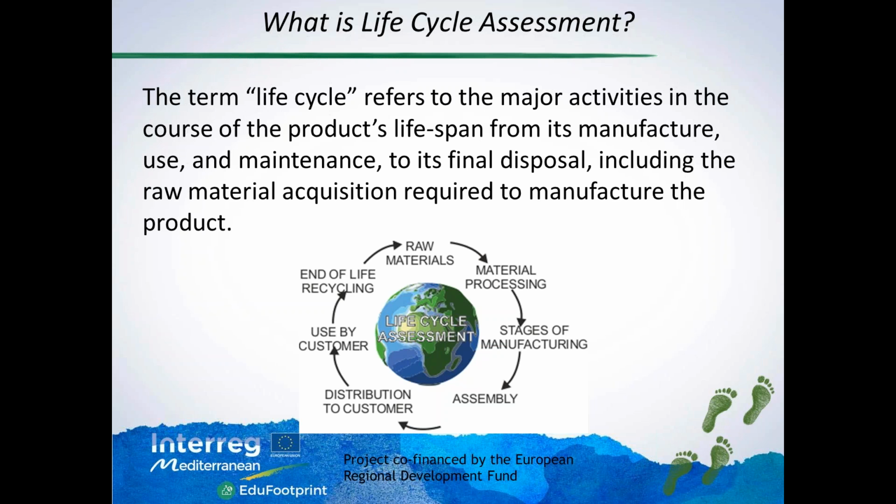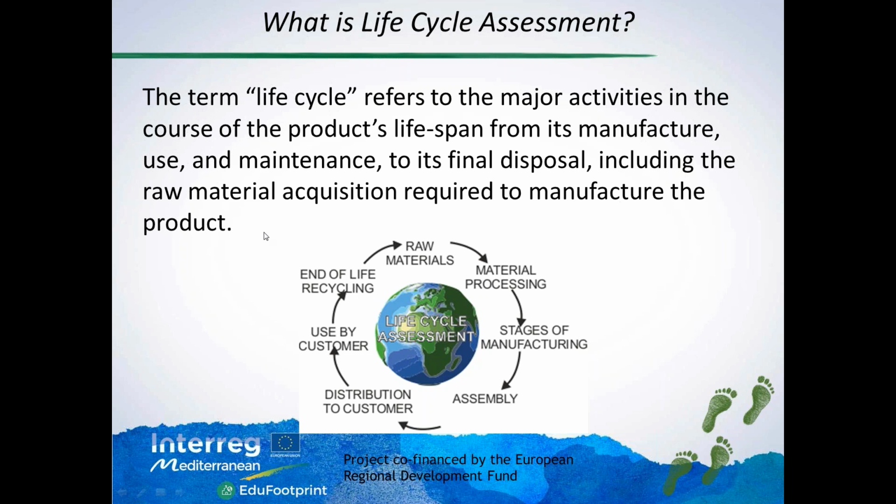Life cycle refers to the major activities in the course of the product's lifespan, from its manufacture, use and maintenance, to its final disposal, starting from the raw materials acquisition required for its manufacture.